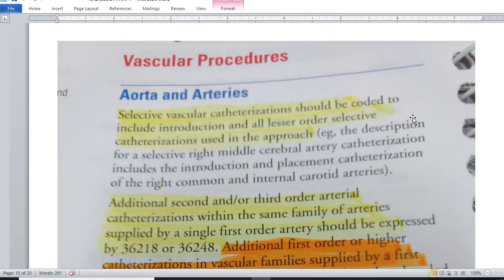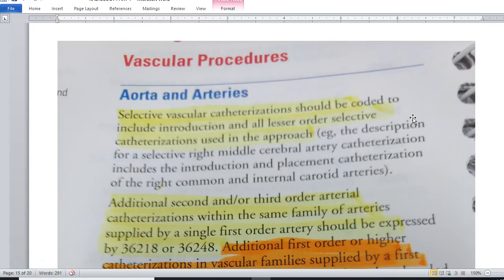So we're going to talk about it again, just in case you haven't gotten to those other sections in your coding life. The first thing to keep in mind is these procedures can only be done in very specific circumstances and only in those specific circumstances. Otherwise, we will not get paid. So what you'll notice is I've written when we can code and when we can't code. So let's go through these.